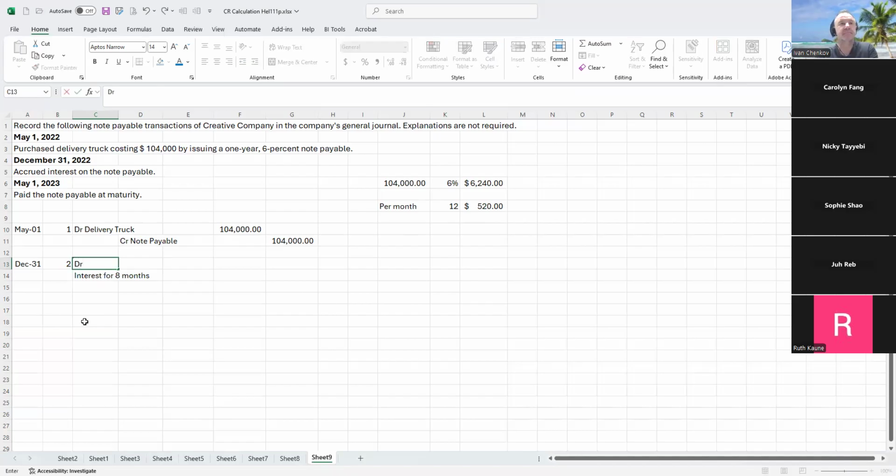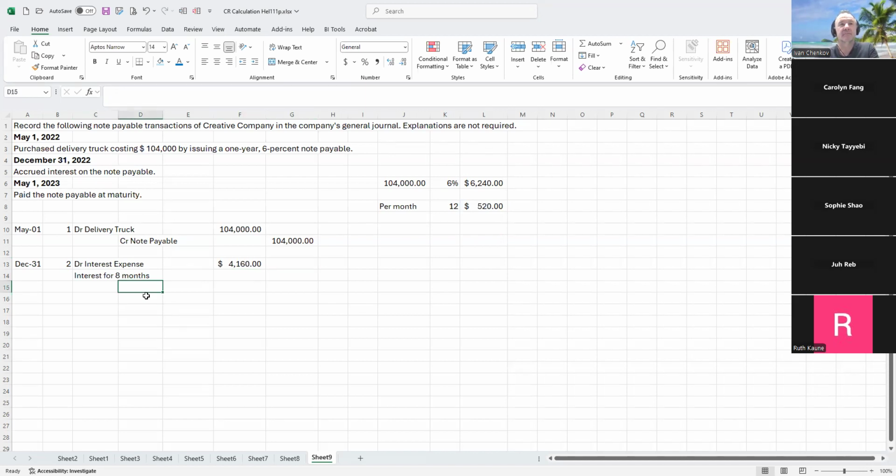Debit interest expense. Let's reduce our income. Interest for 8 months, and that's going to be this amount times 8. 4,160.